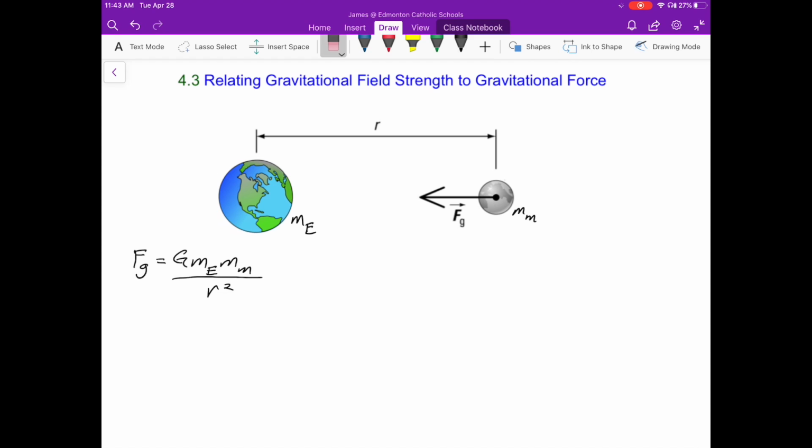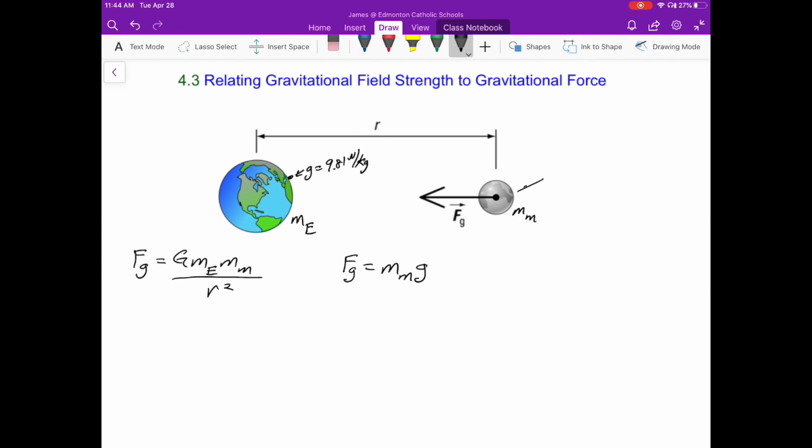Well, we can also write that force as a product of the mass of the moon times the gravitational field strength at that location. So on the surface of the Earth, we know right here, g is 9.81 newtons per kilogram.